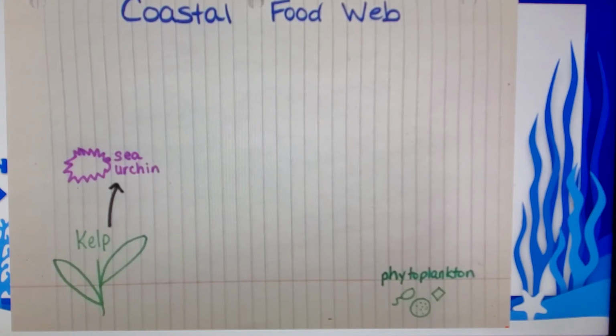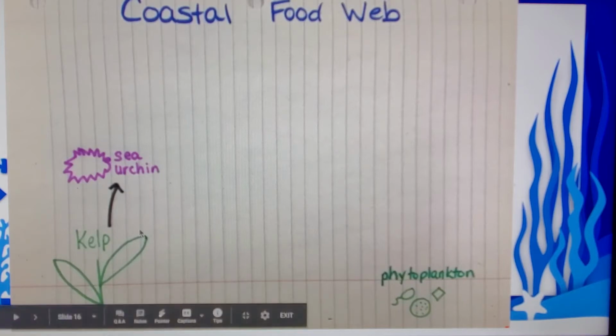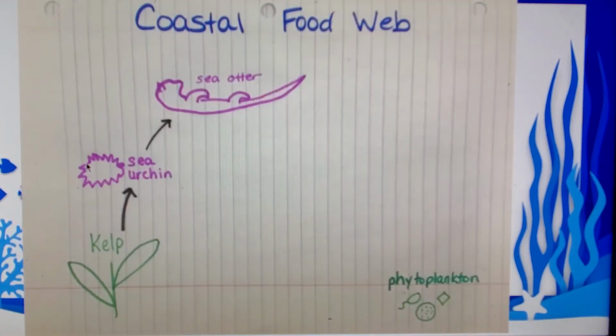So the first one here is the sea urchin, and he loves to eat kelp. And you can see that's what this arrow is showing. The energy from the kelp goes into the sea urchin. Why? Because the sea urchin eats it. Again, following the arrow, remember the arrows mean the flow of energy. Sea otters love to eat sea urchins.